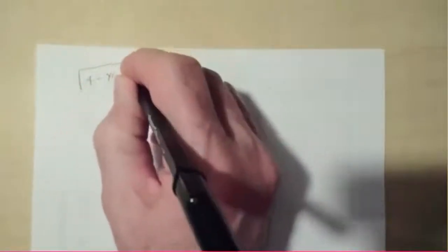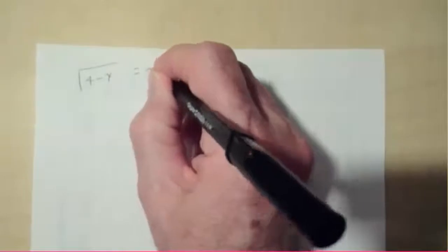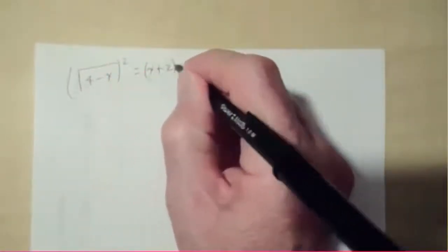Now, what if we have this? The square root of 4 minus x equals x plus 2. Okay, again, we need to get rid of the radical, so we square it, and we square this.